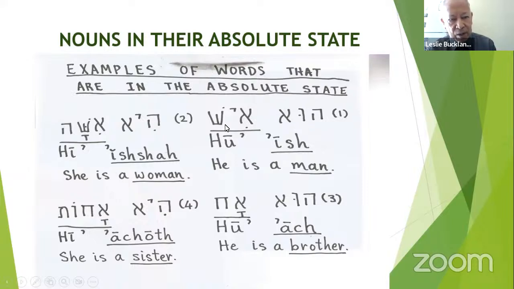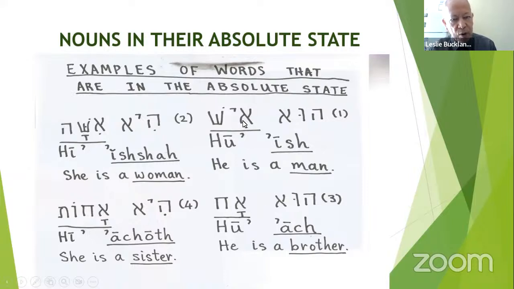So this is how nouns in their absolute state look. They are by themselves, without any further word coming after them to add some more information about them. There is no line that is drawn to the left-hand side of the word, no line connecting it to another word for any further explanation or any further description.